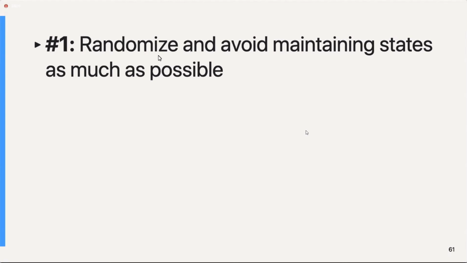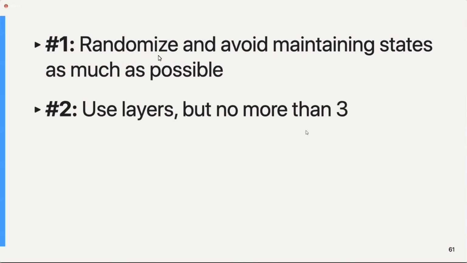Randomization helps us to avoid maintaining states, making it much simpler to design a real-world system. It also helps us to improve performance when deterministic algorithms cannot outperform randomized algorithms. The second idea is to use layers, but no more than 3 layers.